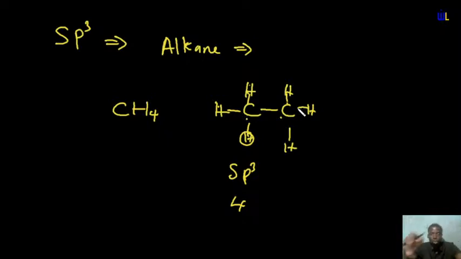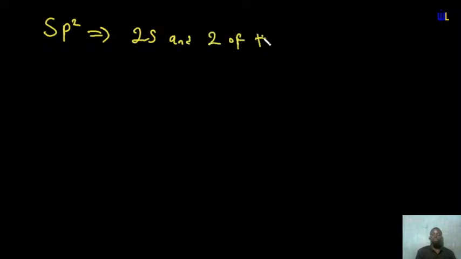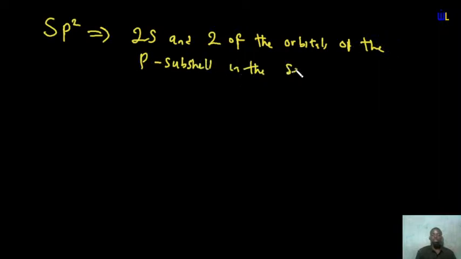Now, moving into the next form of hybridization, which is sp2. I don't think I need to say much about this, but the first thing is that it is a form of hybridization between the 2s orbital and 2 of the orbitals of the p subshell in the second energy level.